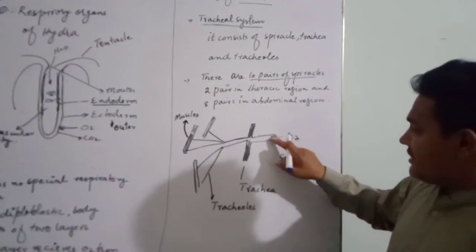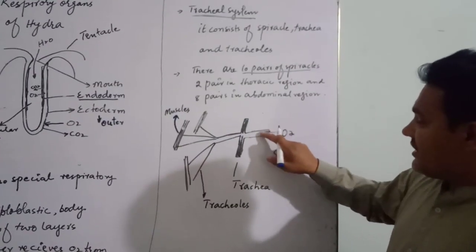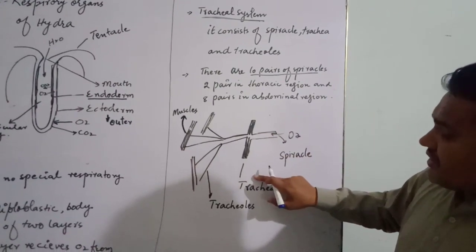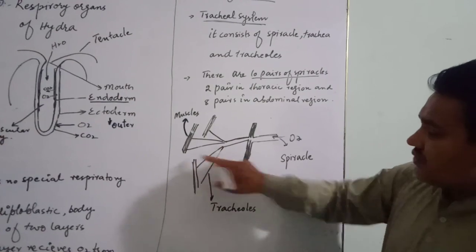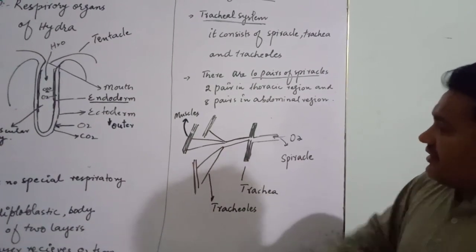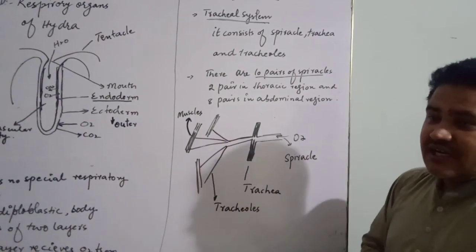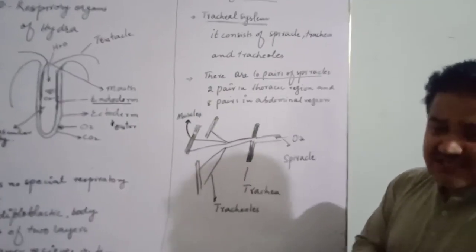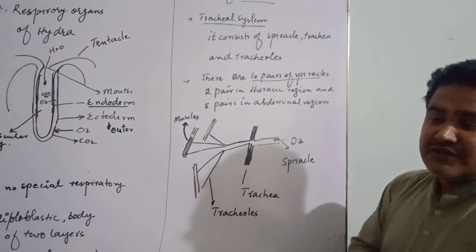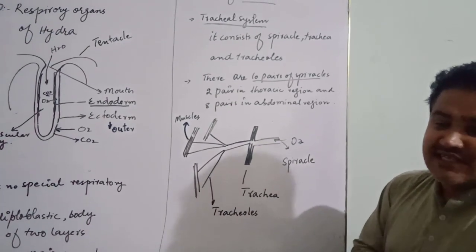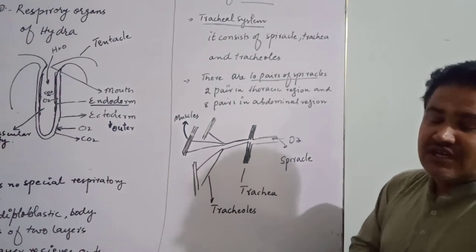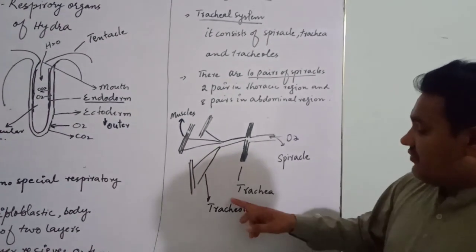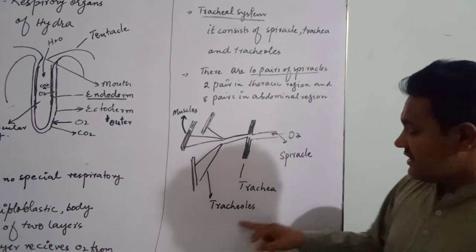When oxygen enters into the spiracle, it then goes to the trachea. From trachea, it goes to tracheoles, which are inserted and present in the tissues or cells, in the muscles of the cockroach, where exchange of gases takes place.